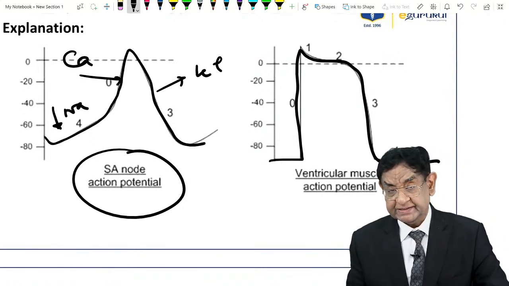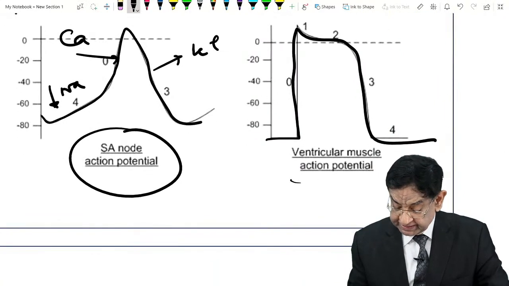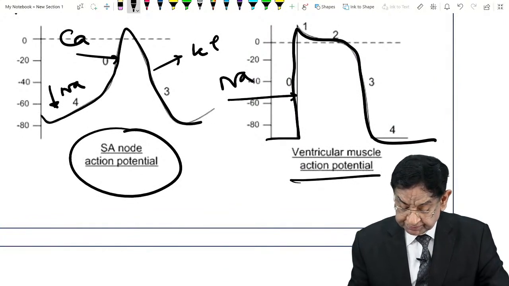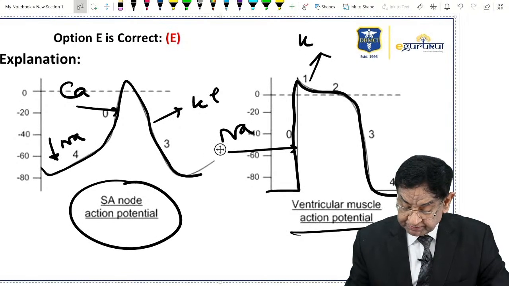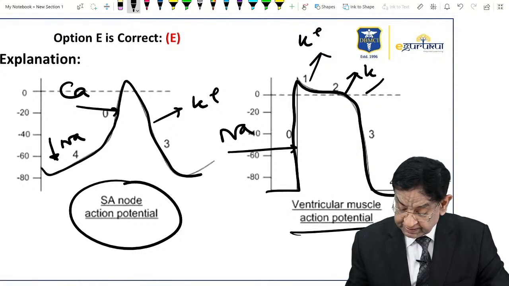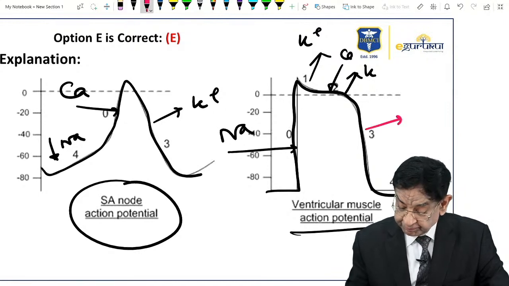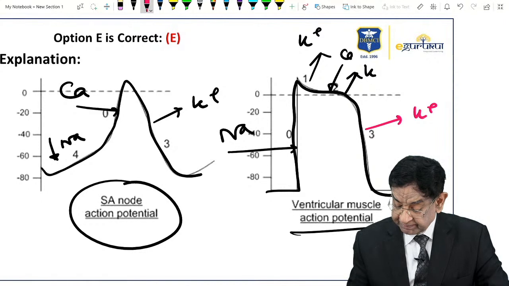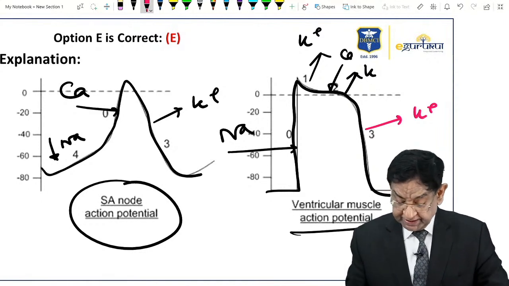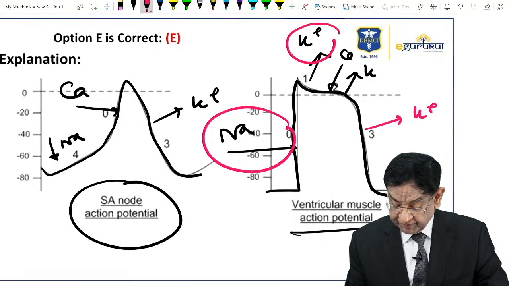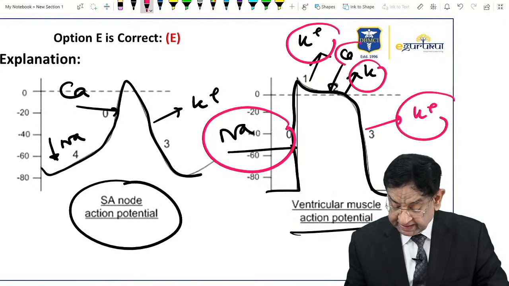This is what happens in the SA node, which is a pacemaker. And here is a non-pacemaker cardiac muscle. In phase 0, sodium entry; phase 1, potassium efflux; phase 2, potassium efflux and calcium entry; phase 3, potassium efflux; and this is the resting membrane potential. So what you notice is that depolarization occurred due to sodium entry, and repolarization by potassium efflux plus calcium influx also.